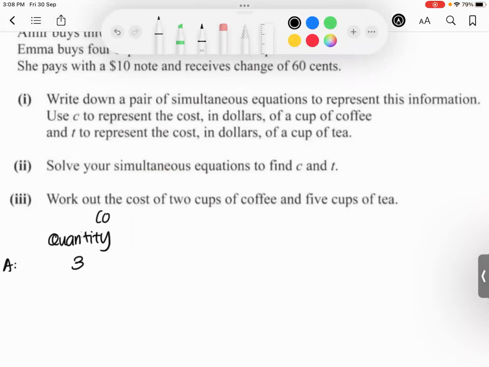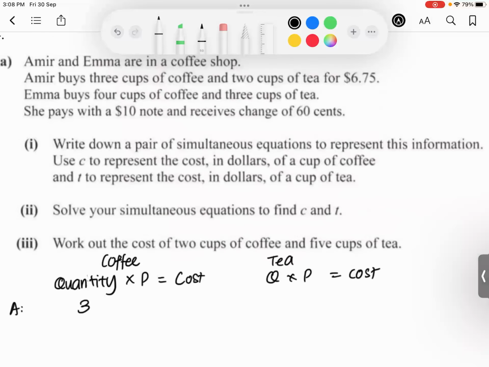This one for coffee first. The other one for tea. Quantity, price, cost. Quantity, price, cost.